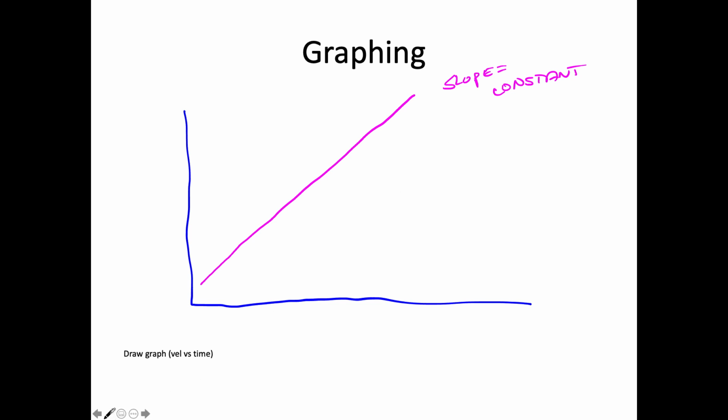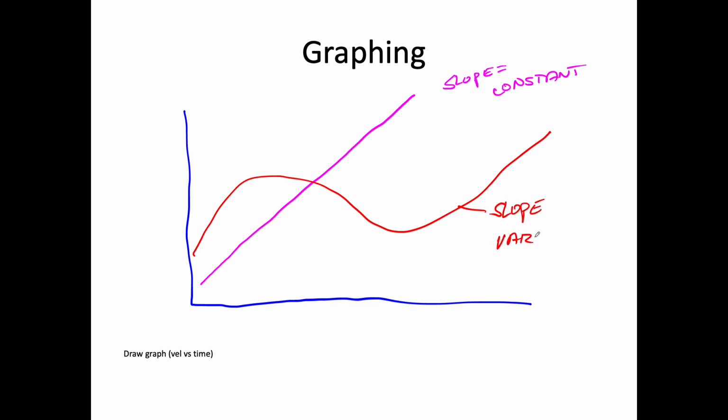Now, there's another type of graph that you see goes up, it goes down, then it may go up again. This is the slope is variable. And this means acceleration is not constant. So acceleration changes.